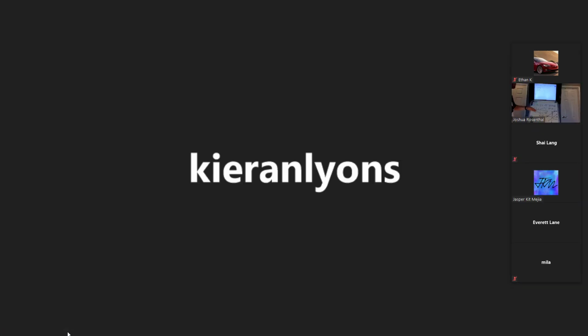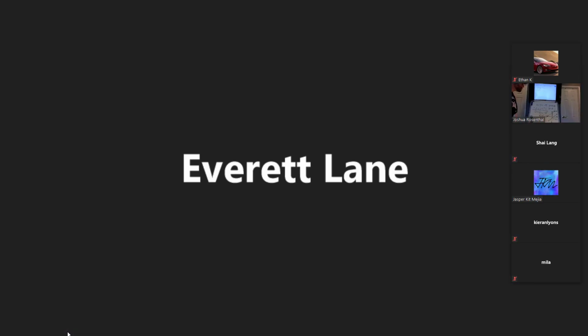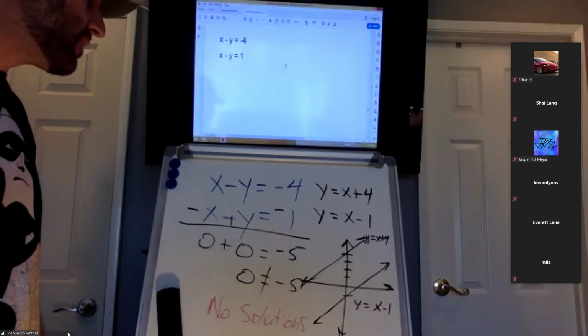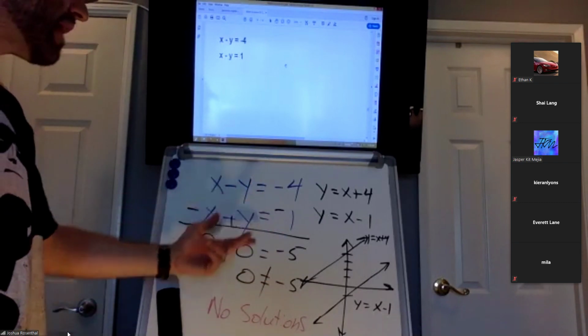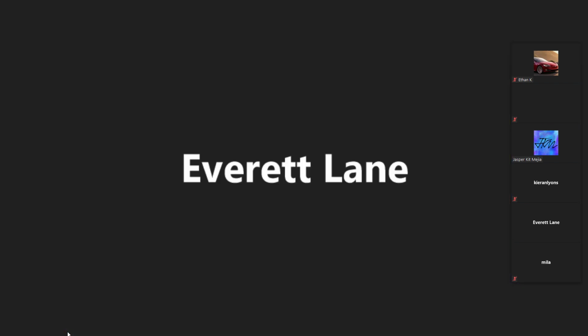I'm using elimination. So you just eliminate the x and the y, and then you have negative 5. Add negative 4 and negative 1, you get negative 5. And 0 does not equal negative 5. So when you do this algebraically with 2 parallel lines, you get a false statement. I see how you could get that.